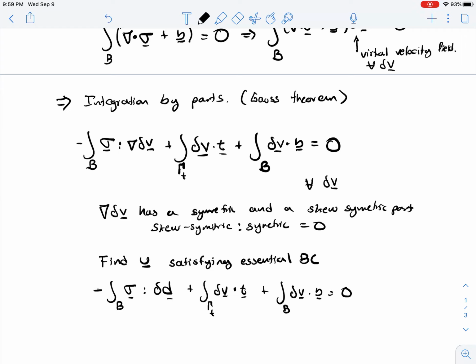Find u satisfying essential boundary conditions such that this is true for all delta v vanishing at the boundary with essential boundary conditions.